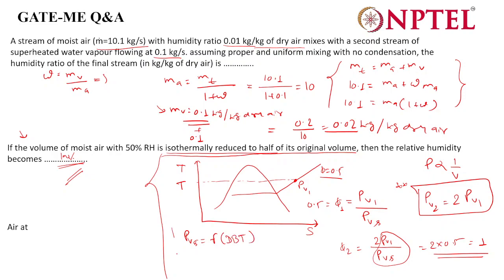If you know the dry bulb temperature, then whatever the saturation pressure for that temperature is, that is the PVS. What is PVS? PVS is nothing but the saturation pressure at the dry bulb temperature. Getting it? So if it is isothermal, then it would be the same for both cases. Fine. Is it fine or not? Yes, sir.